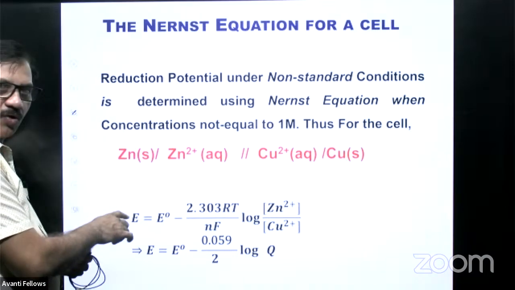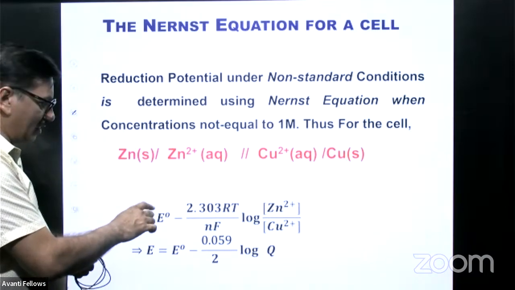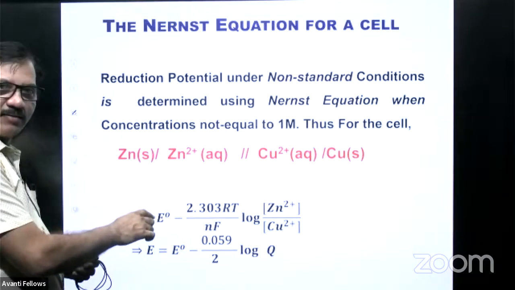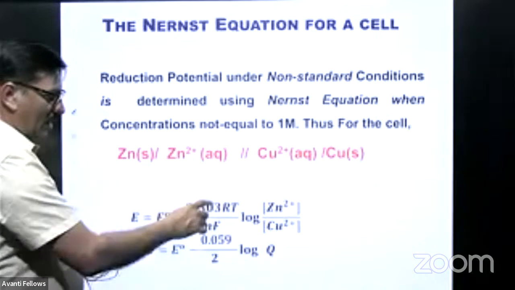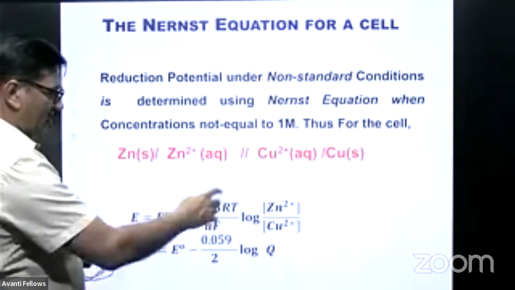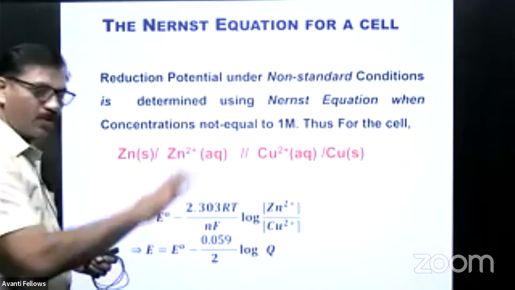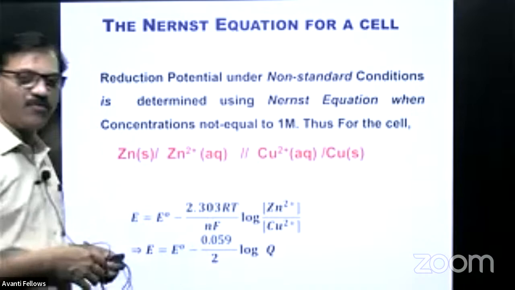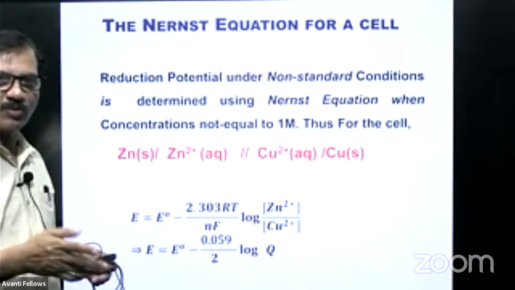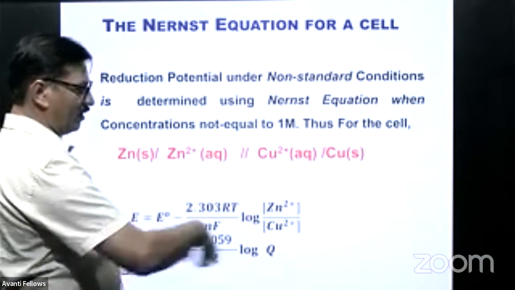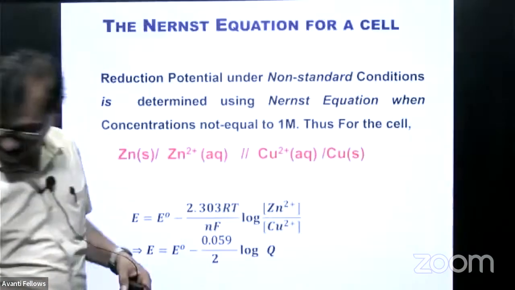E is equal to E0, the standard electrode potential of the cell, minus 2.303 RT by nF, where R is the gas constant, T is the temperature on the Kelvin scale, n is the number of electrons involved, and F is the Faraday, the charge, approximately 96,500 coulombs. Log of Zn2+ ion by Cu2+ ion.